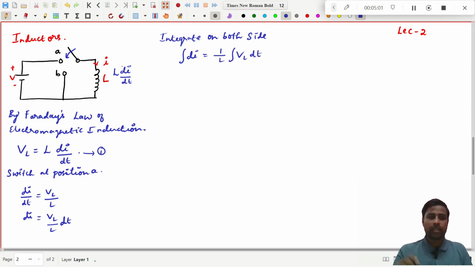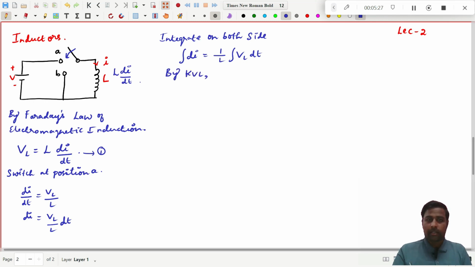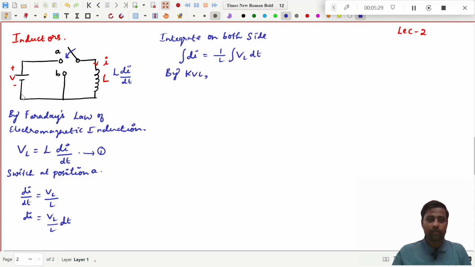Now if you apply Kirchhoff's voltage law in this loop, you see here it is L into di by dt, that is the voltage across the inductor, and this is the voltage V. So by KVL, you start from here and end here.